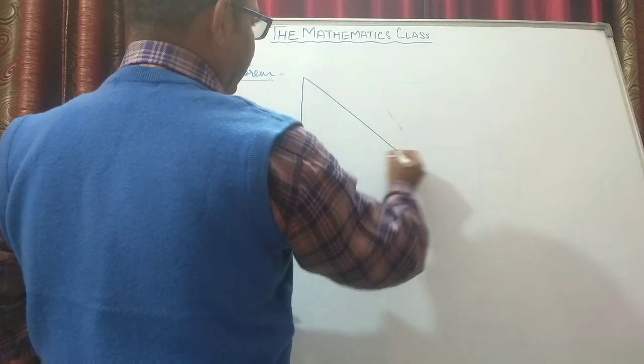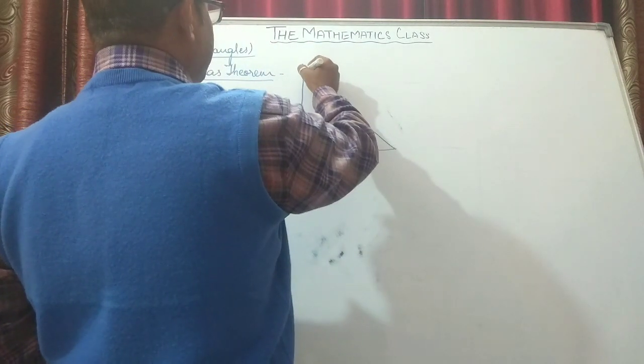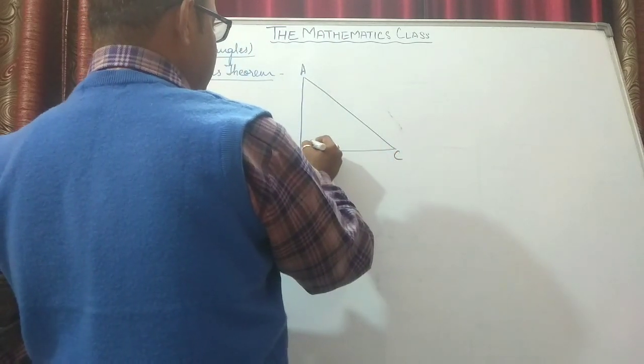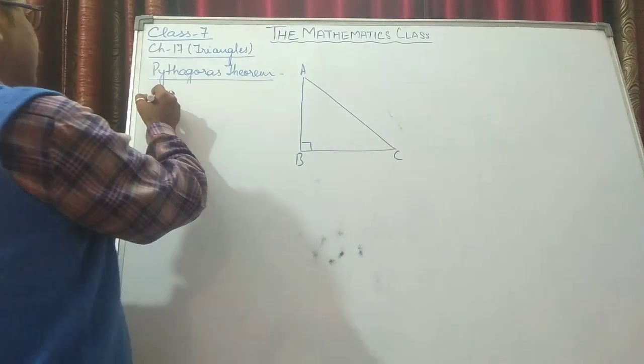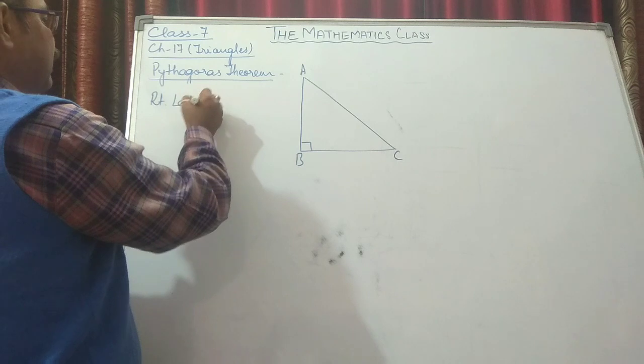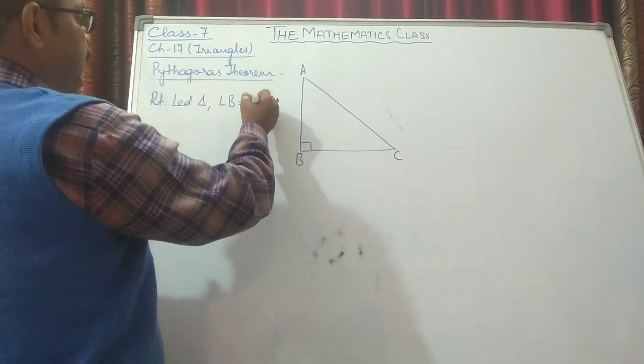Suppose this is a right-angle triangle ABC, in which angle B is equal to 90 degrees.